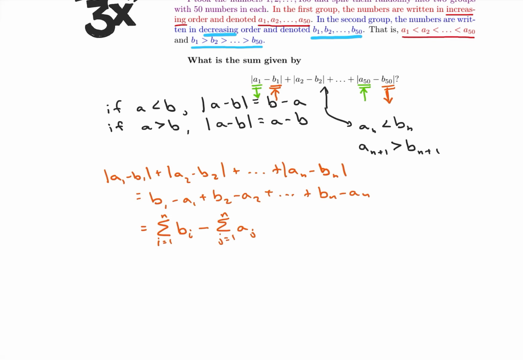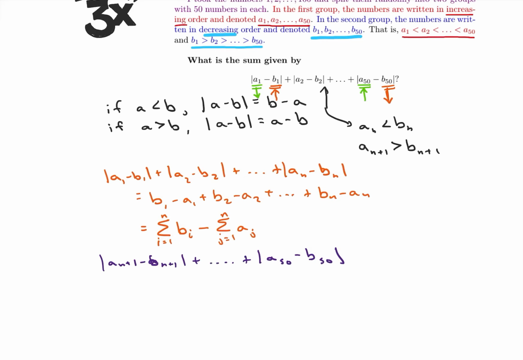If we look to the right, we're going to have a sub n plus 1 minus b sub n plus 1 plus, and so on, up until we get a sub 50 minus b sub 50.